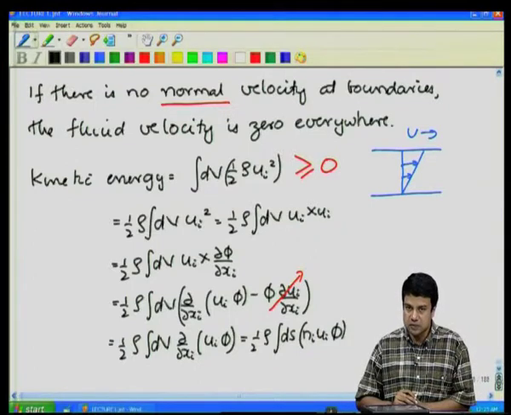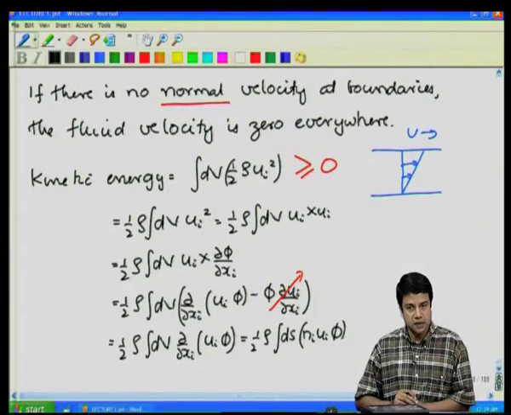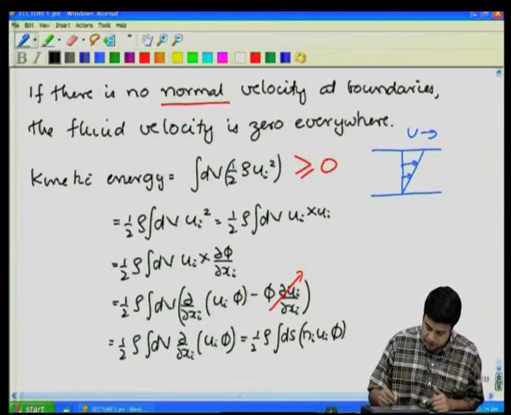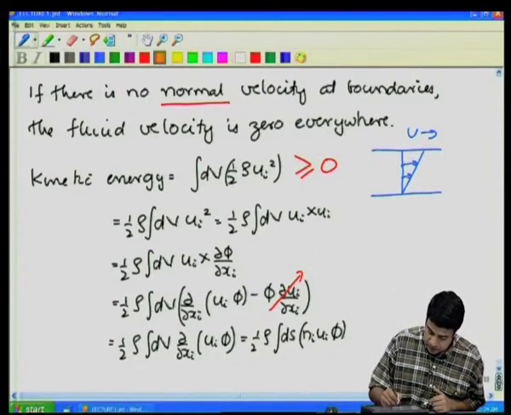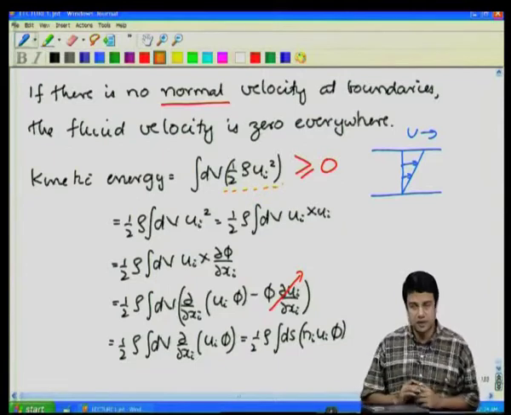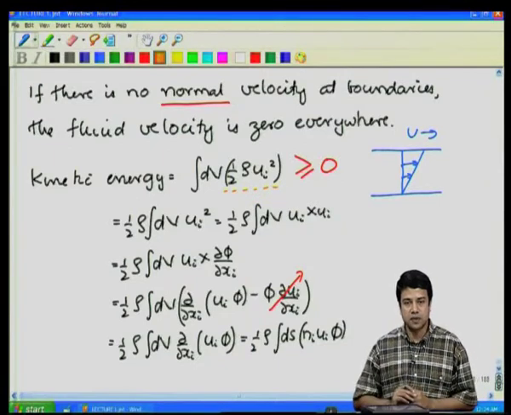If u dot n is equal to 0, the kinetic energy is equal to 0, because we said the kinetic energy is half rho integral of u dot n times potential. And if the kinetic energy is 0, the velocity has to be 0 at each point within the flow.